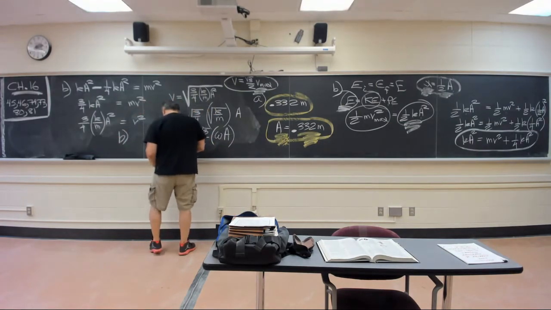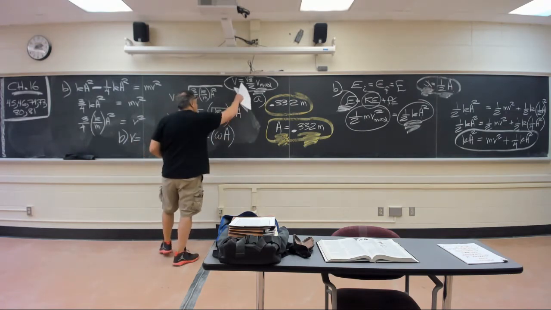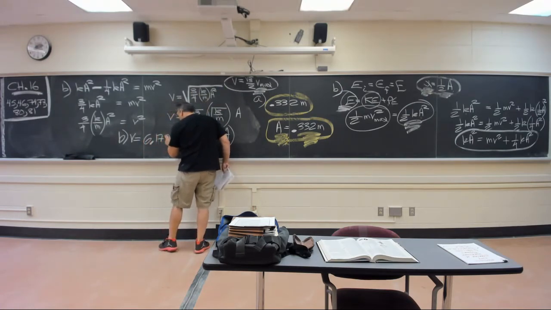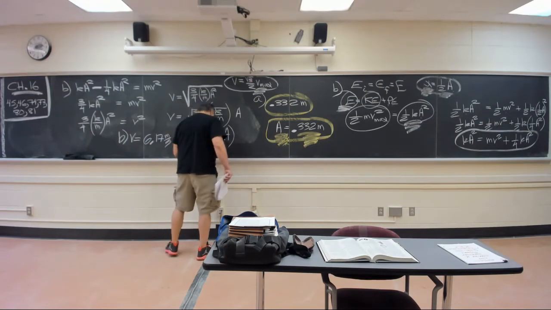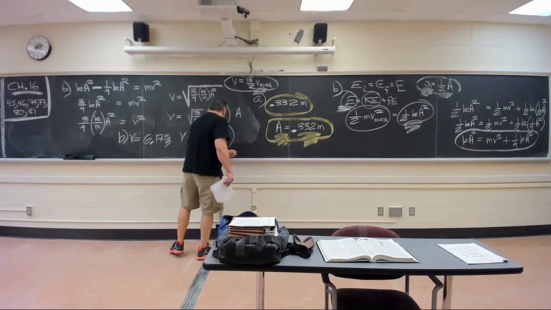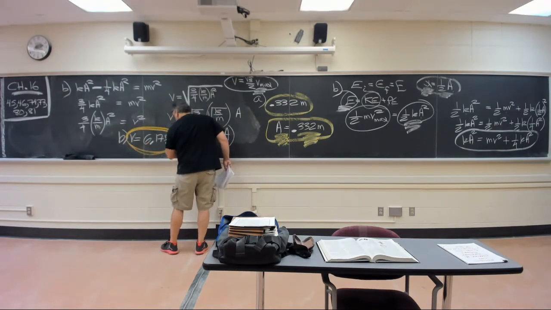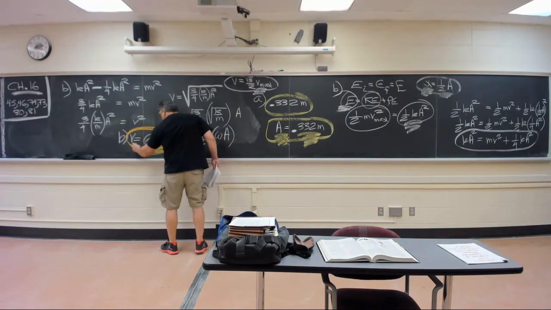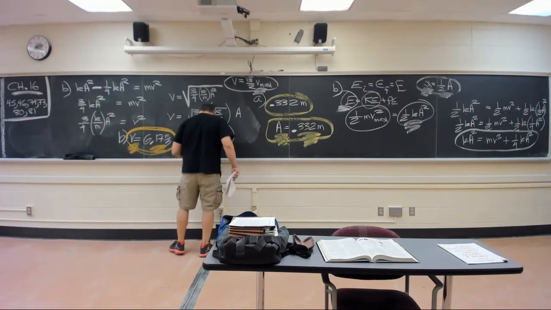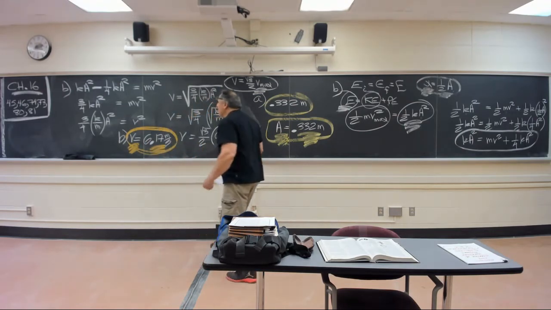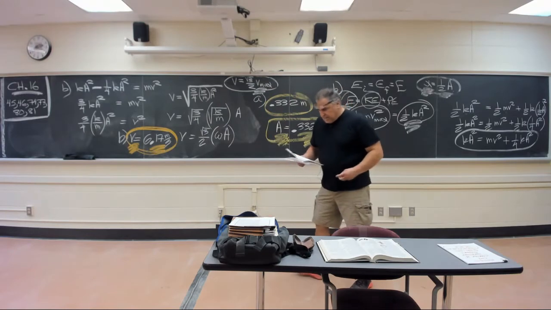B, the V there at the end, square root of 3 divided by 2 times V max is 6.17. And that's B. That's 45B.